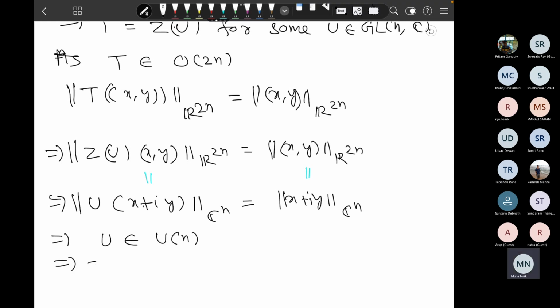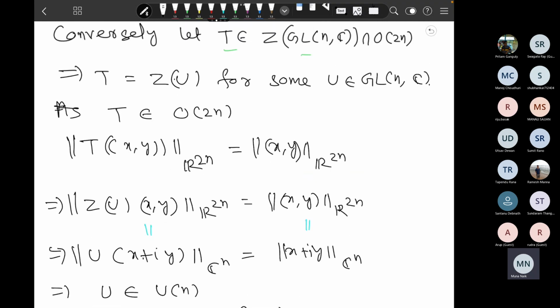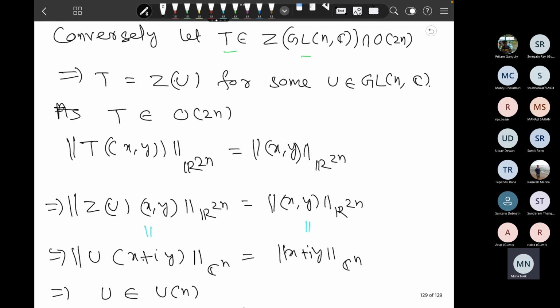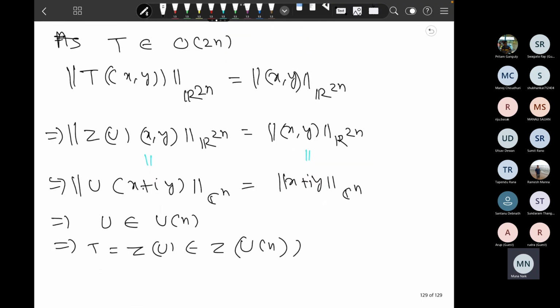This implies T is equal to Z(U) belongs to Z(U(n)). So you started with T belonging to Z of GL(n, C) intersection O(2n), and you have shown that T belongs to Z(U(n)). Hence the proof of A prime. So I have finished the proof of A prime.